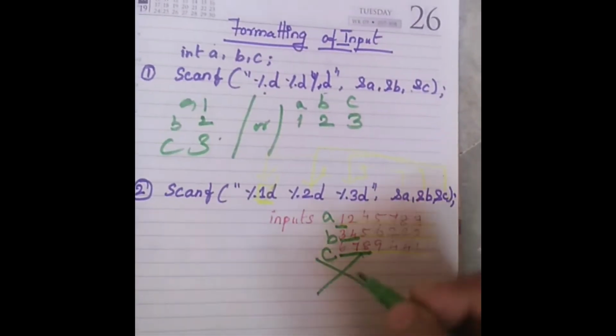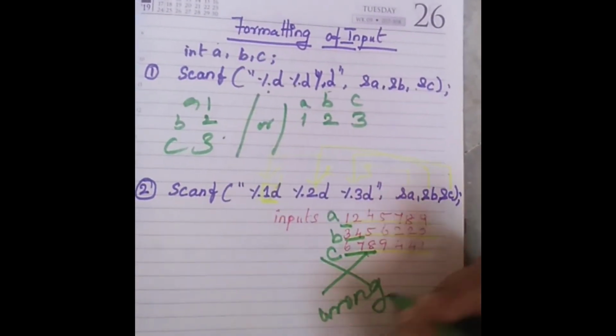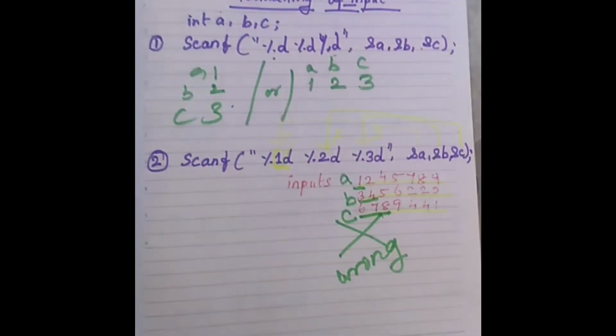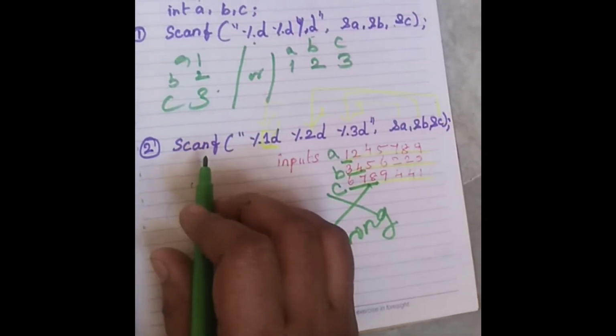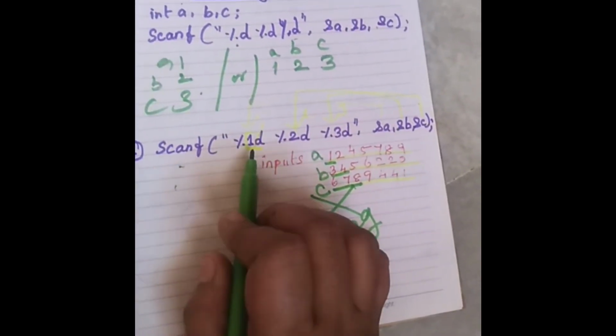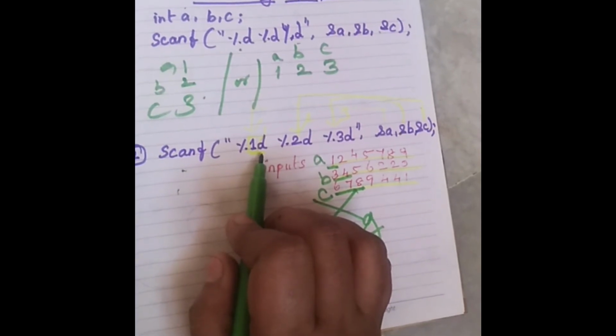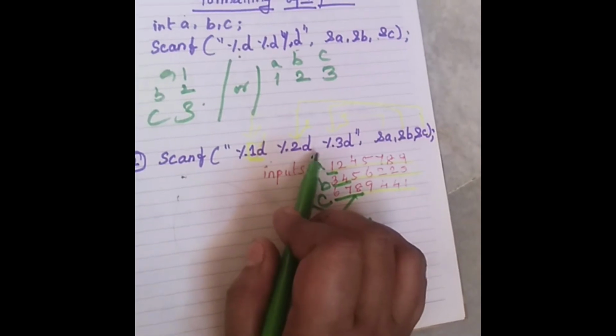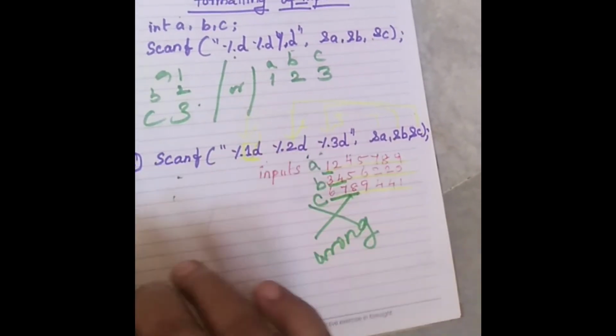That is a wrong one. Wrong, because this is different from reading input normally. The scanf statement will work in a different way. It will read only 1 digit from the input. The next 2 digits are considered as b, and the next 3 digits are considered as c.